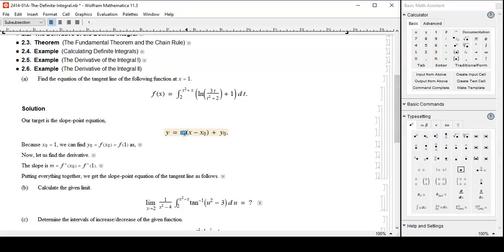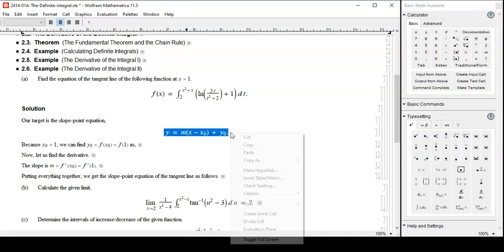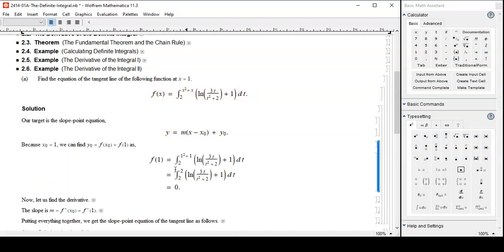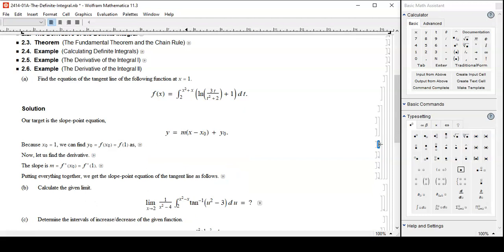Let's find out m. And then put all those in, and then you're going to get the answer. Okay, how to find out y0? Plug in x equals 1 directly here. And then you see that integral from 2 to 2, so that's 0. So it doesn't matter how complicated this is. Integral is going from 2 to 2, so integral is 0.